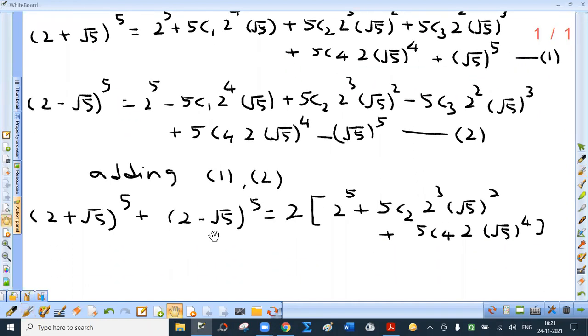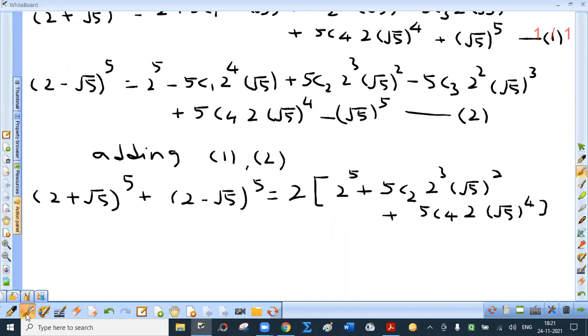Now the next part is to evaluate binomial coefficients, but here I will write directly. What is 2 raised to 5? It is 32, plus 5C2 is 10, 2 cube is 8, root 5 square is 5, 5C4 equal to 5 into 2. What is root 5 raised to 4? 25.